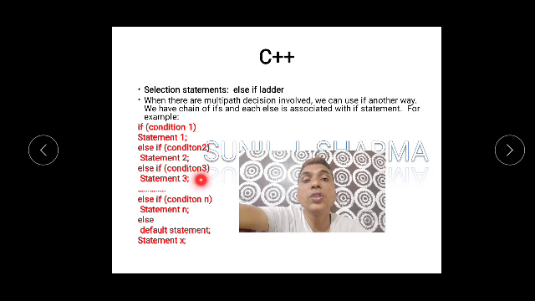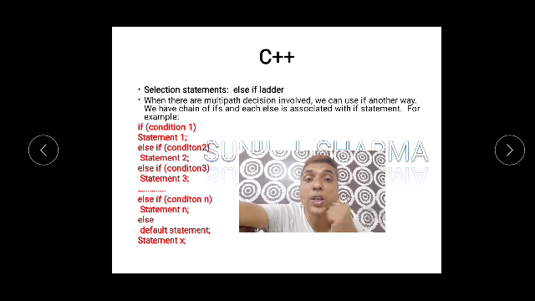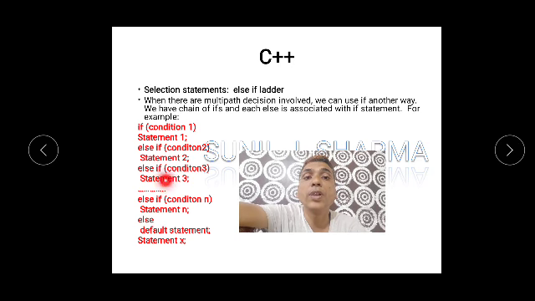Like this we can have n conditions, and if none of the conditions are true, then by default else has to be there when you are using else if statements, and that will be your default statement. After that you can have some other statements like statement X.